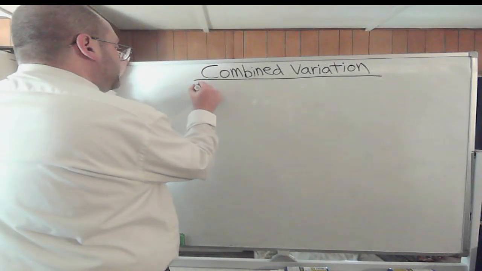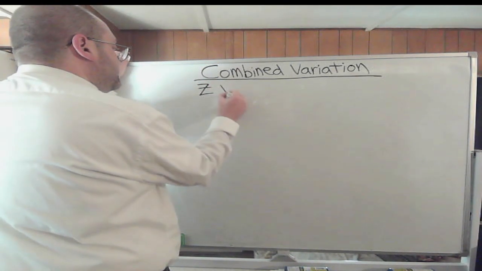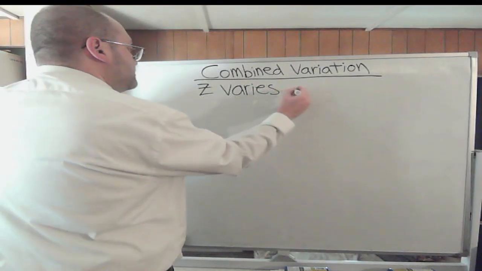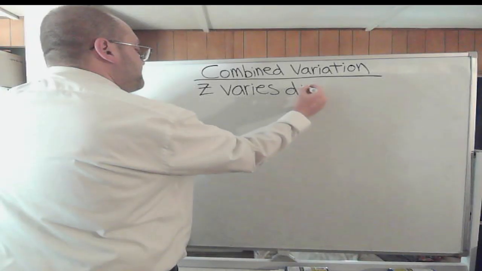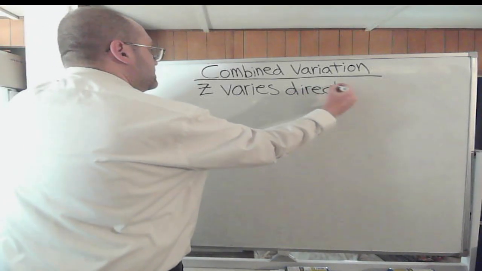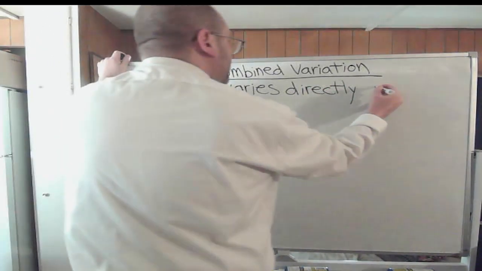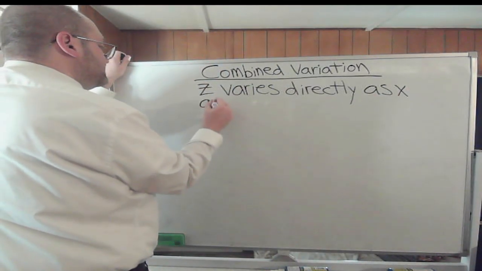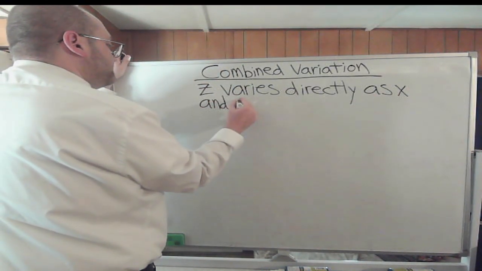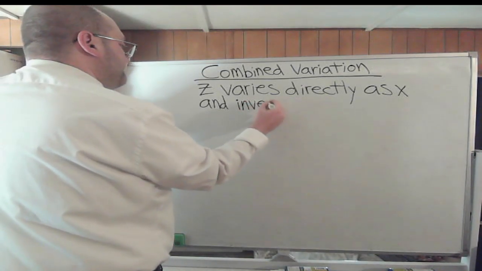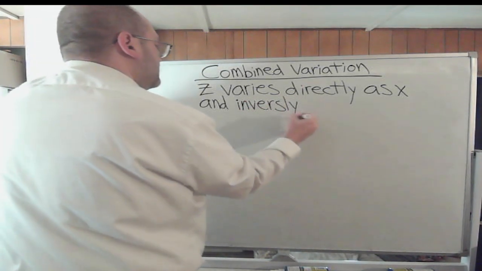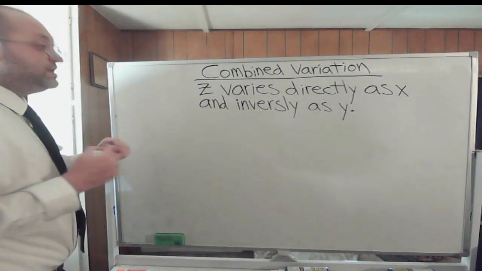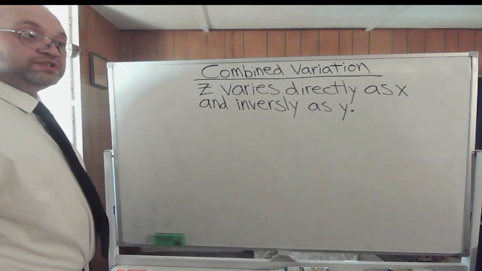You'll have something like z varies directly as x and inversely as y. So yes, you can have both types of variation in the same problem.